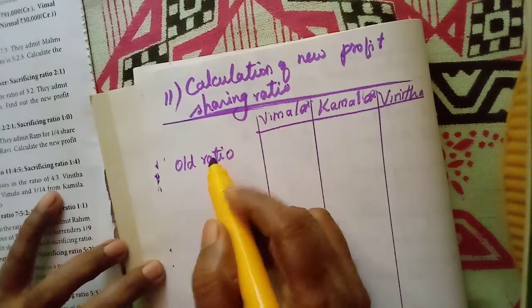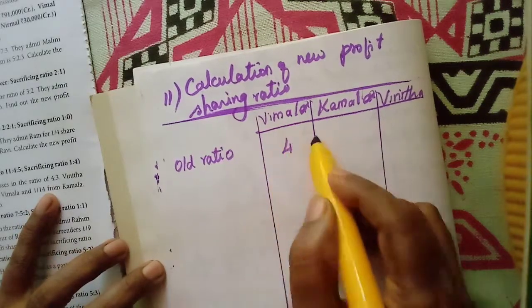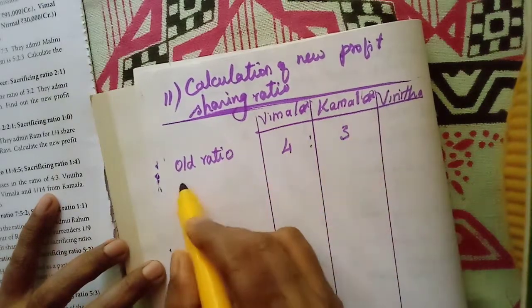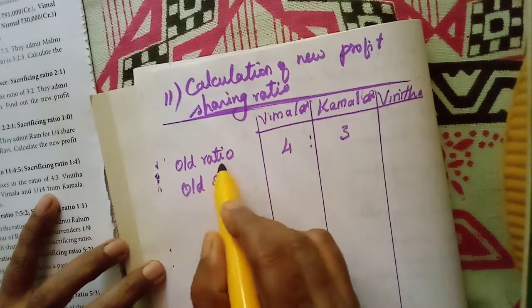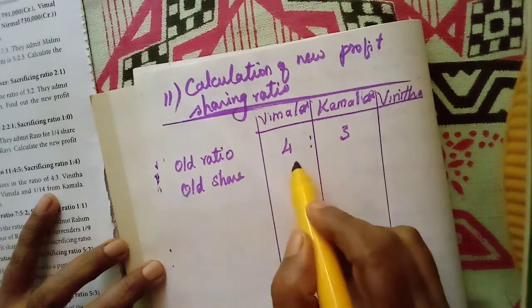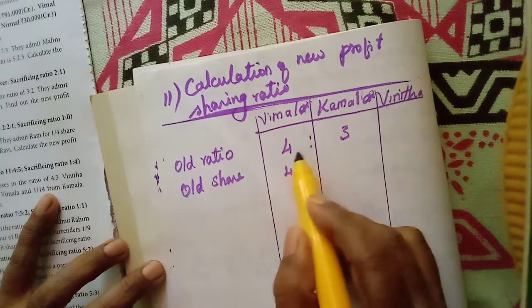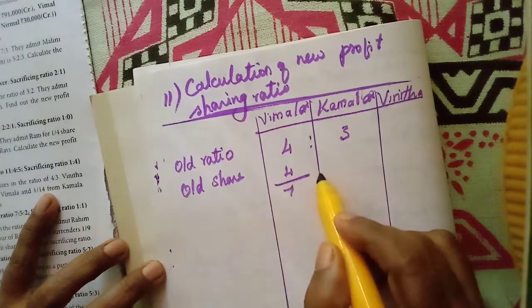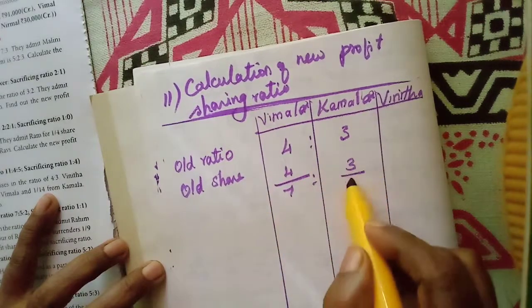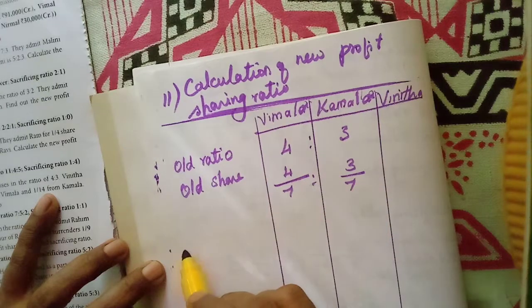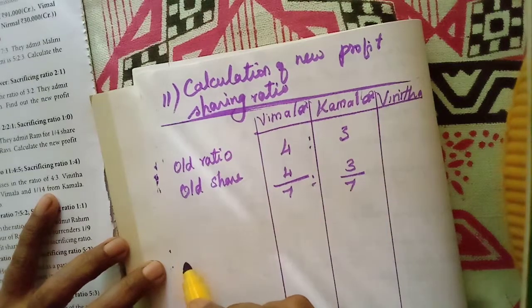Old ratio 4:3. Now old share. Then single share, then total share, 4/7 and 3/7. Okay.